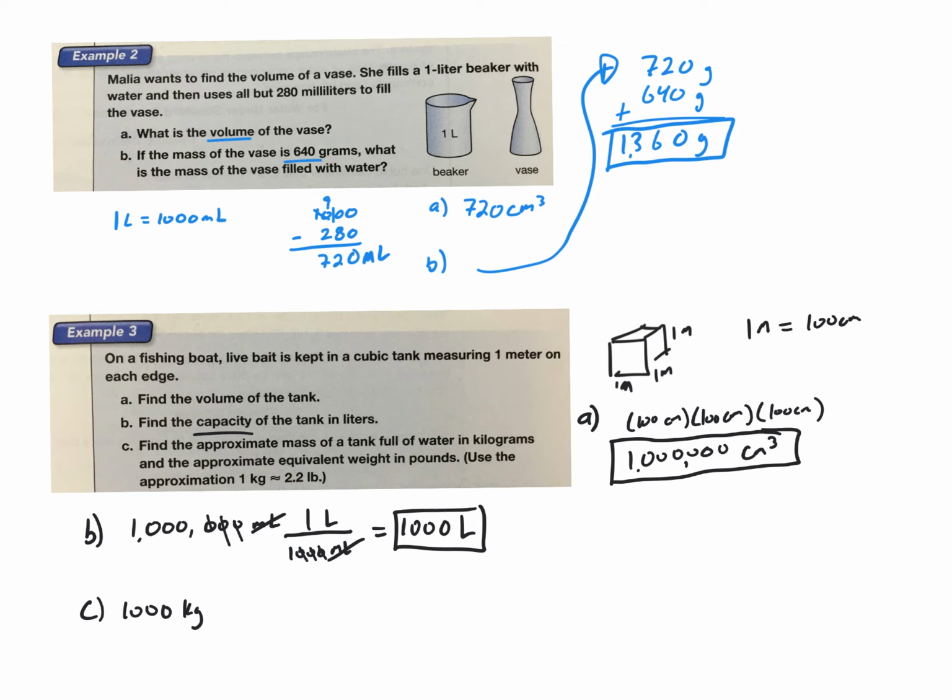But we also want to convert that into pounds, because how many pounds is 1,000 kilograms? So we're going to use this thing they gave us here. I'm going to put kilograms on the bottom. Put 2.2 pounds on top. The kilograms reduce with each other, dividing by 1. So it's going to be 2,200 pounds.